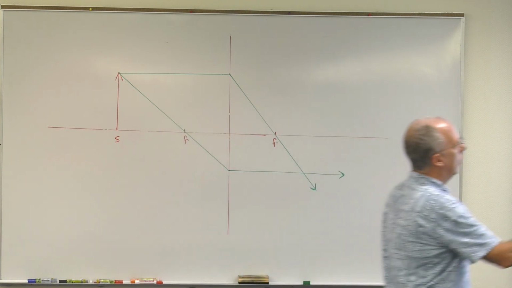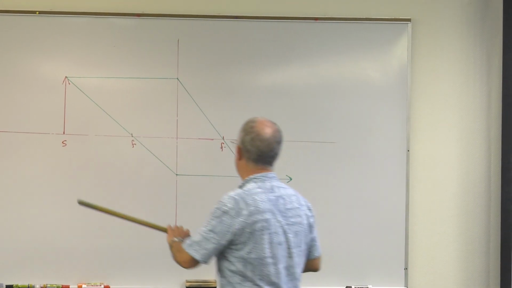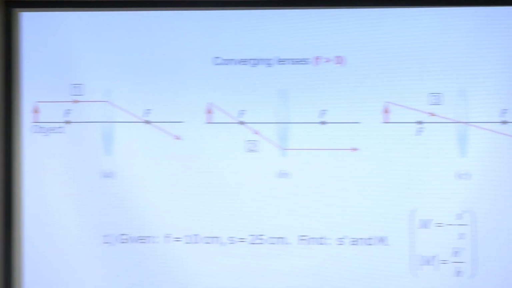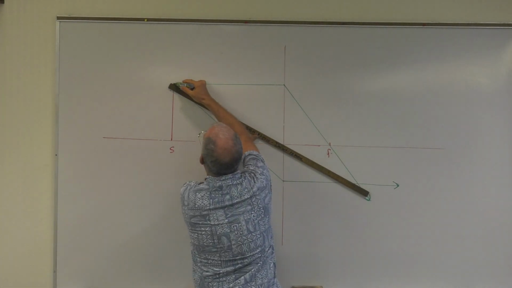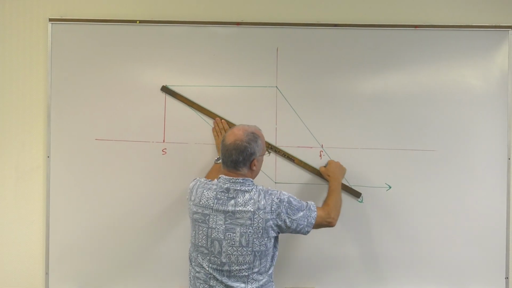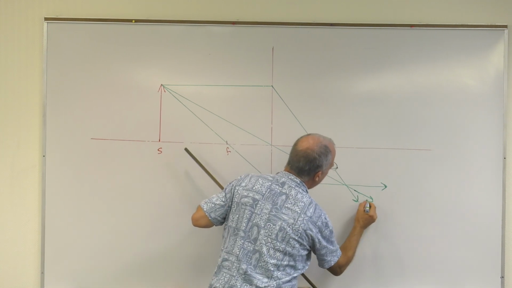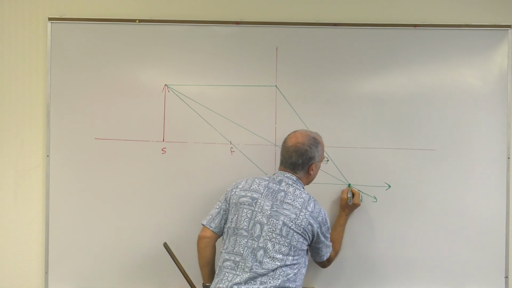Focal into the lens, then parallel out. Third one, you gotta love the third one. It's the easiest one. I have to cheat a little bit, but so there's the third one, just straight. There you go. And you see that they intersect right here, right?